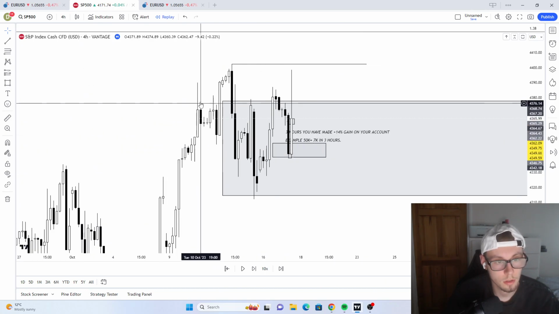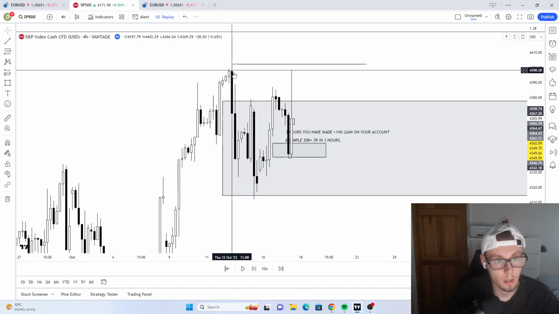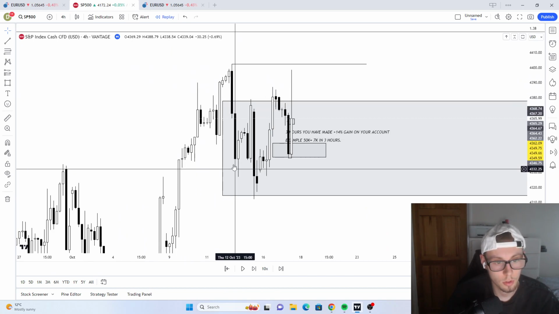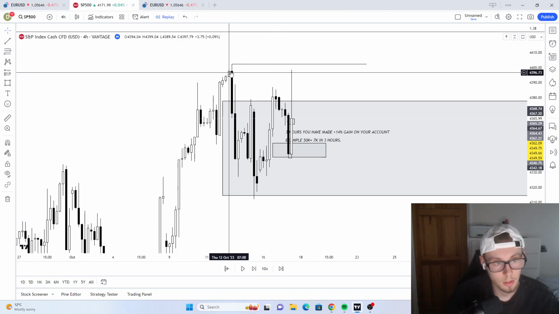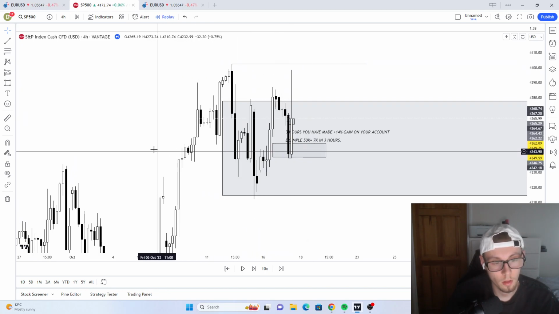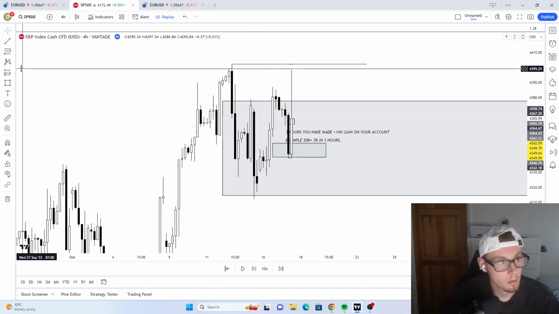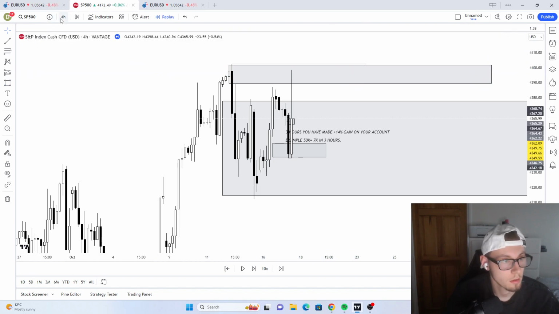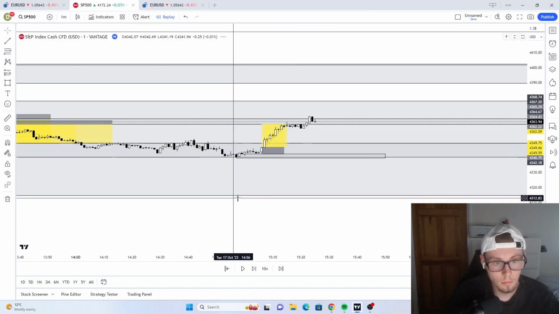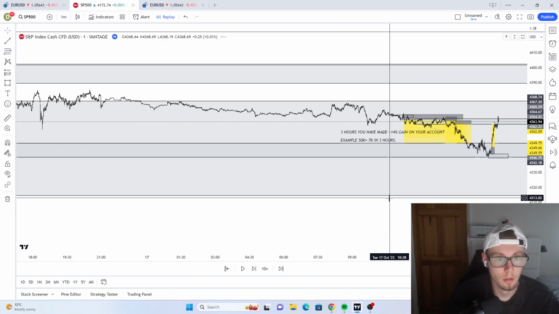If you look at this, the supply right here created this huge push down, and then we had this, but that got broke. But again, we had this supply. So this is going to be another zone you want to be highlighting, that zone up here, right?